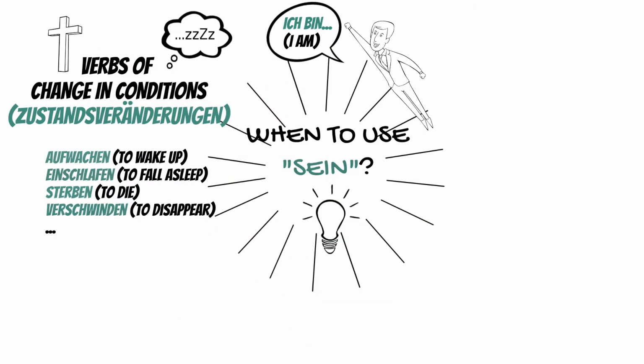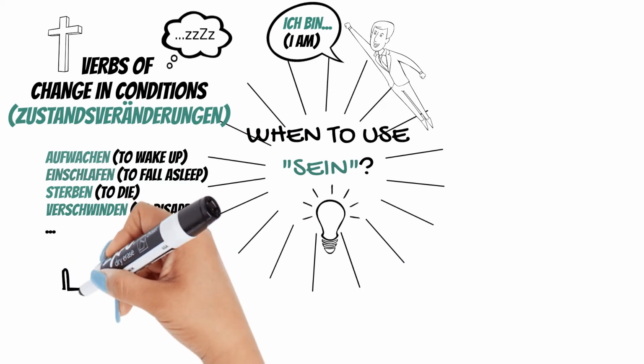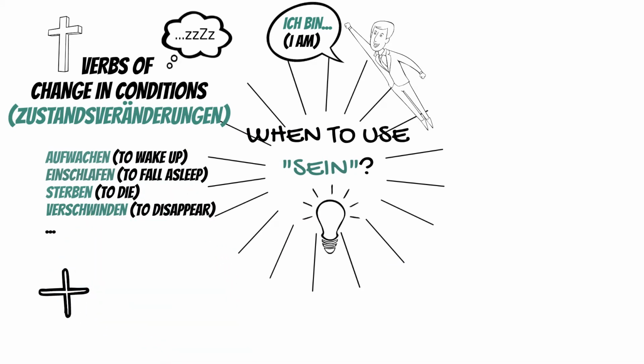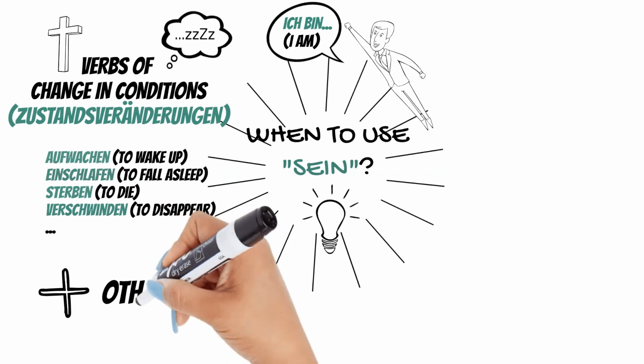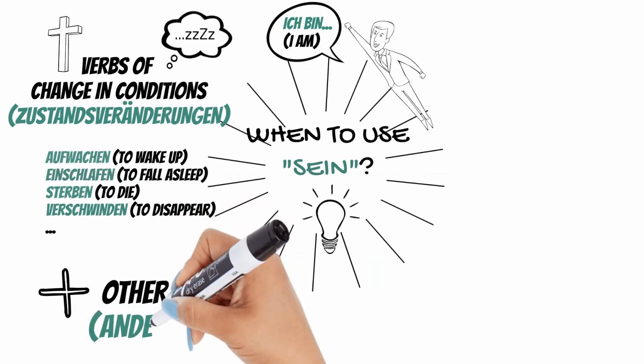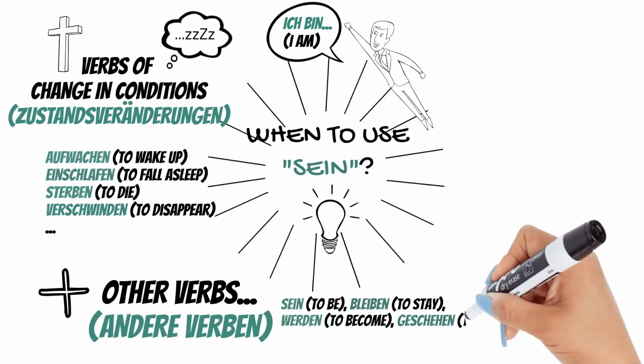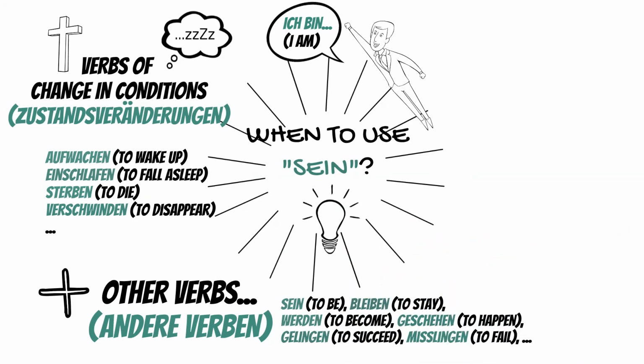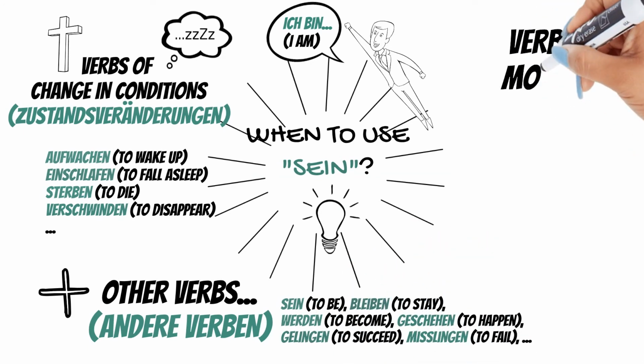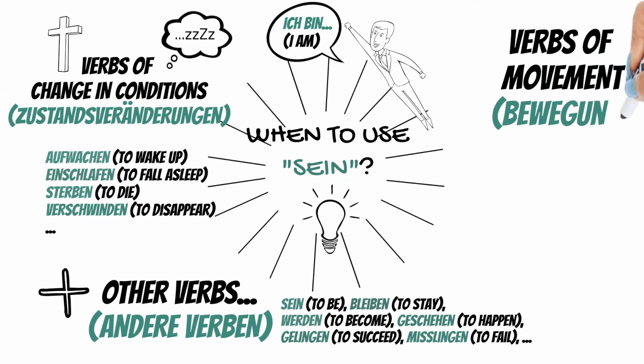For example, verbs like sterben, to die, or aufwachen, to wake up. Additionally, there are other verbs. Andere Verben. For example, sein, to be, bleiben, to stay.